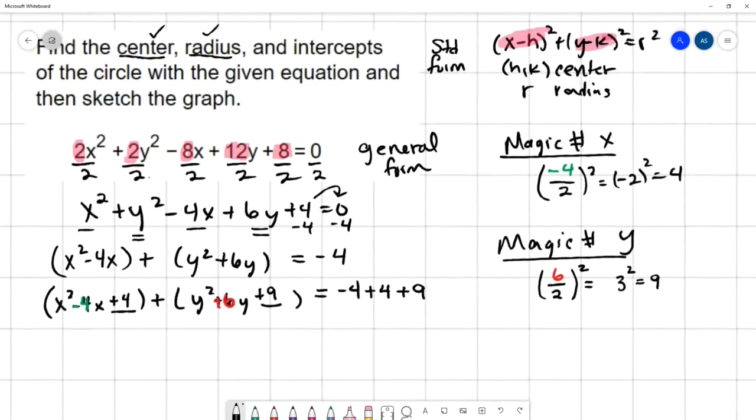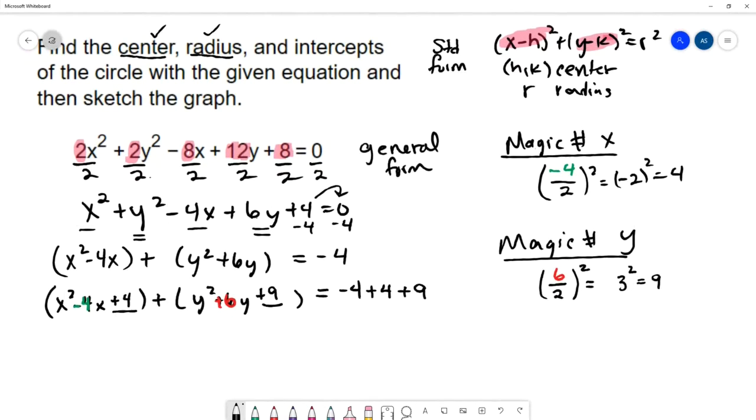So now that we've added that magic number, we're going to be able to factor the x group. We have a trinomial, and that trinomial will factor into 2 binomials. x times x gives me x squared, the first term. 2 times 2 gives me 4, the last term.